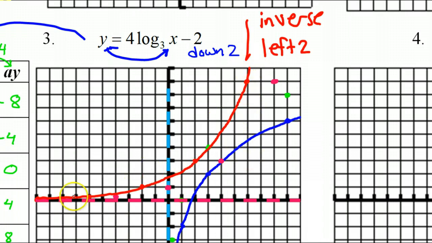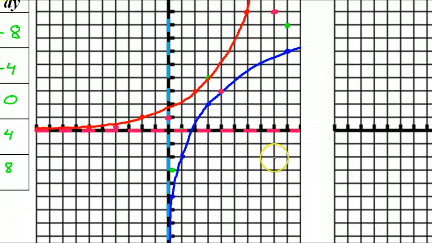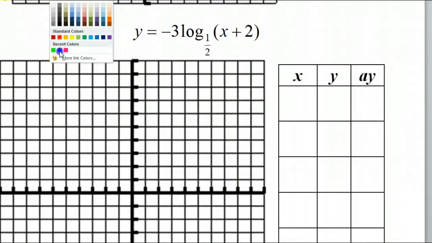Make sure your graph goes all the way to the edges of the grid. And there you go. Just as a mental check, notice how a diagonal line would be a mirror between the log function and the exponent function. That should help you make sure you did the right thing.